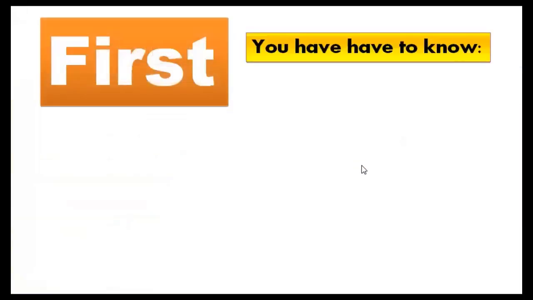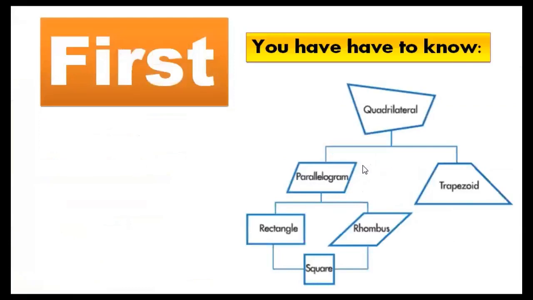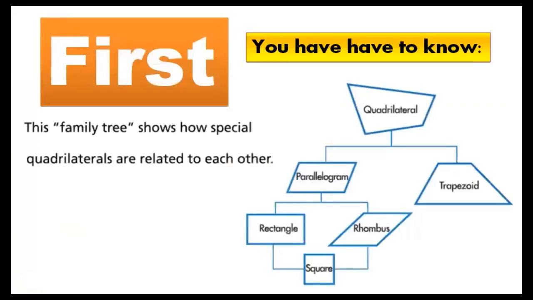First thing you have to know in this lesson, the family tree of quadrilaterals. This family tree shows how special quadrilaterals are related to each other. So in this lesson, we are going to know that the quadrilaterals are related, but they are not the same.